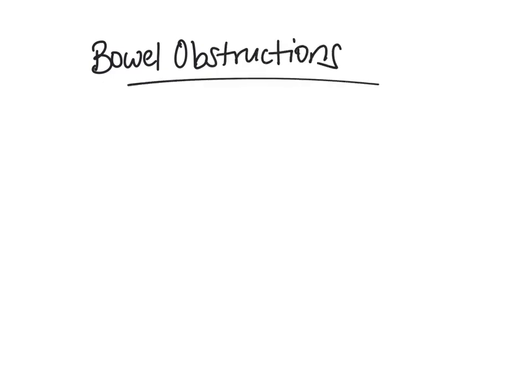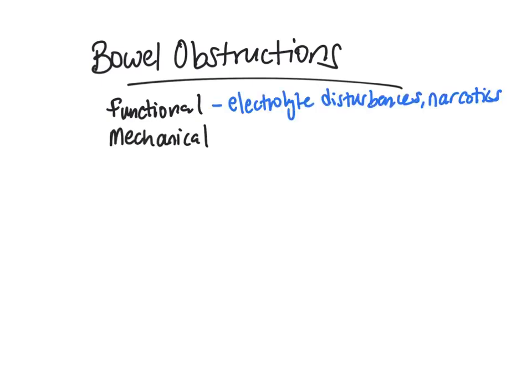The next topic we're going to discuss is bowel obstruction, sometimes called intestinal obstruction. This could be either a functional or a mechanical malfunction. The functional ones happen because of electrolyte disturbances and narcotic use.